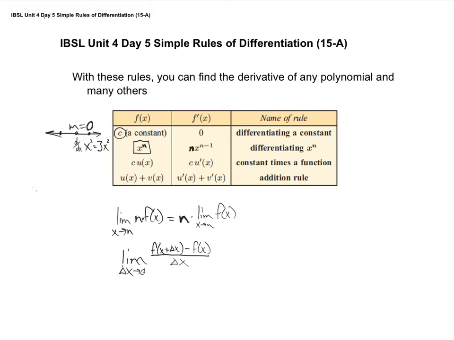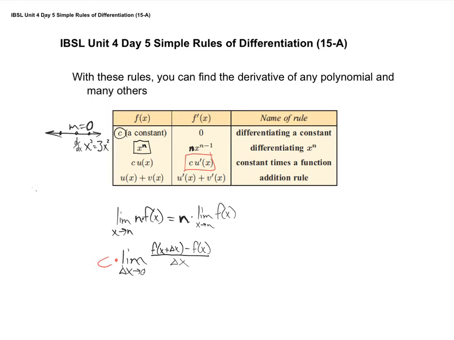If for some reason we had multiplied our function by some constant, since this is one big limit, we could factor that constant out like this, and then finally we could take it out in front, c times that, which gives us c times the derivative of the function.